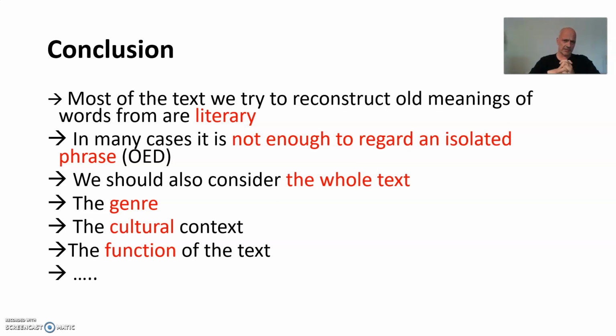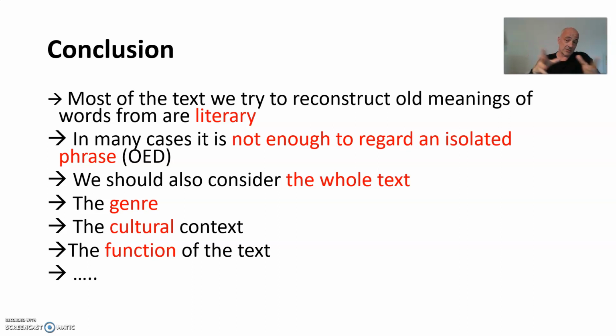We should know that. And a fabliau, which is about sex, scatology, and all these things, is certainly a different text from a sermon, to take the most extreme gap here. So the cultural context is important, and of course the function of the text and the function it has in the text. So it's difficult to reconstruct meanings just from written literary texts.